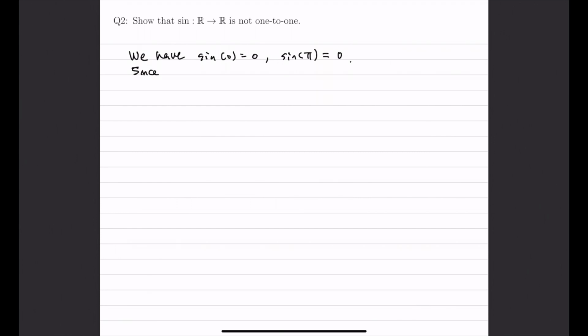Since sine of 0 is equal to sine of pi, which is equal to 0, but 0 and pi are not equal, sine is not a one-to-one function.